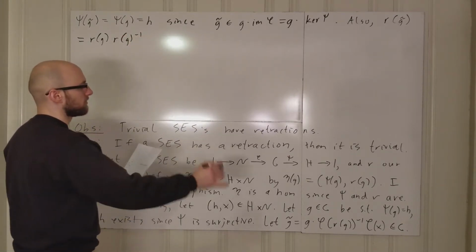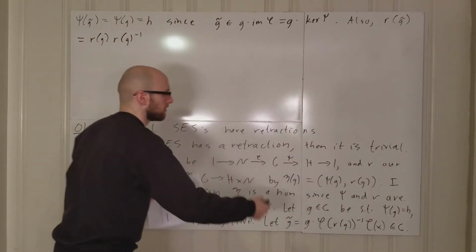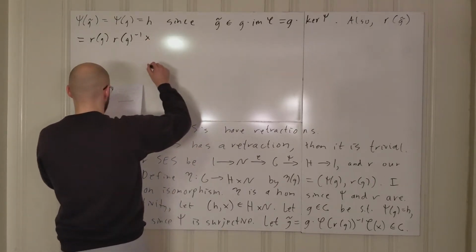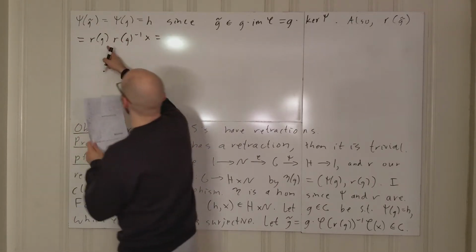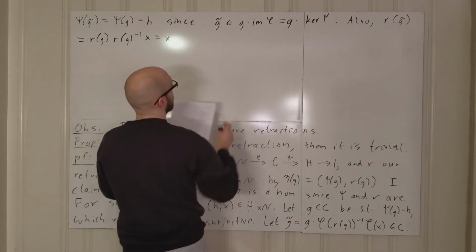And then we're also going to have r of phi of x. Of course, we're distributing that through because r is a homomorphism. So r of phi of x is just going to be x. But we have r g times r g inverse, which is just the identity, and so this is x.